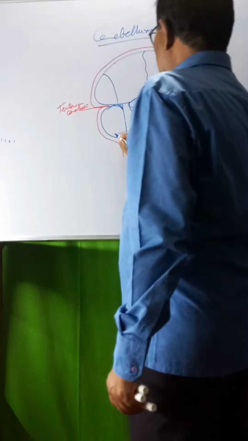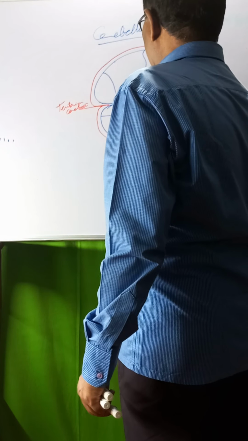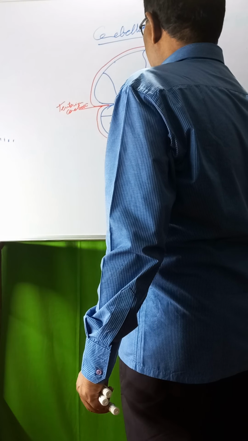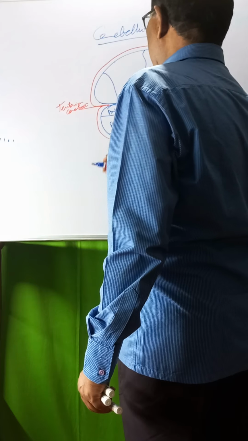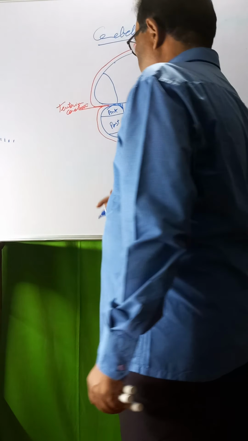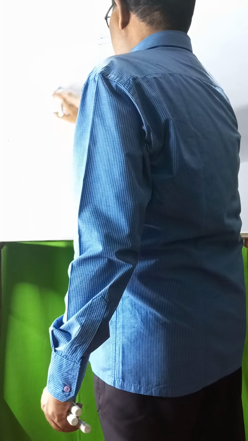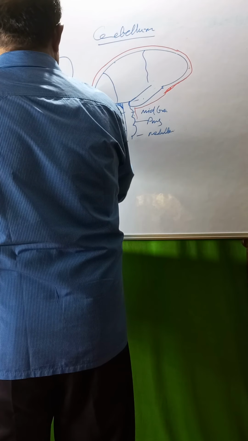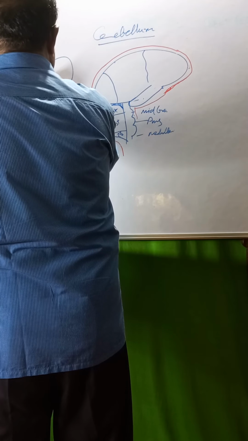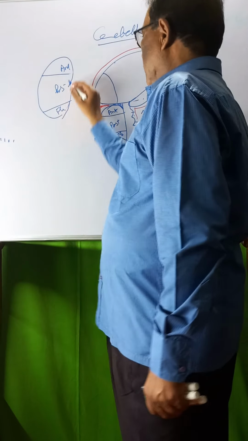Now, cerebellum is divided into three parts: anterior, posterior, and flocculonodular lobe.